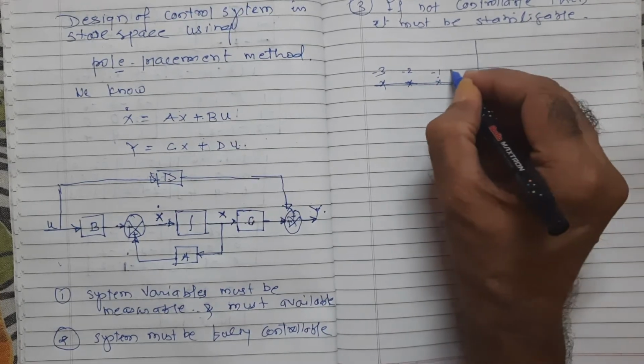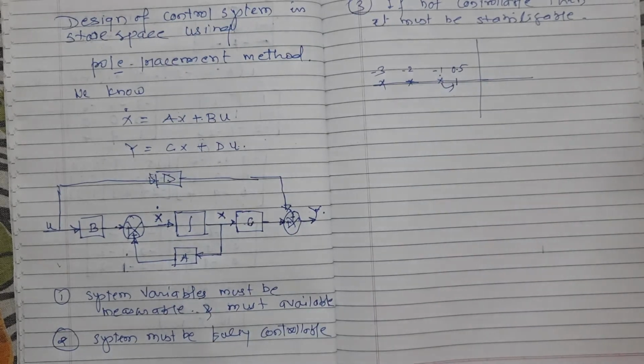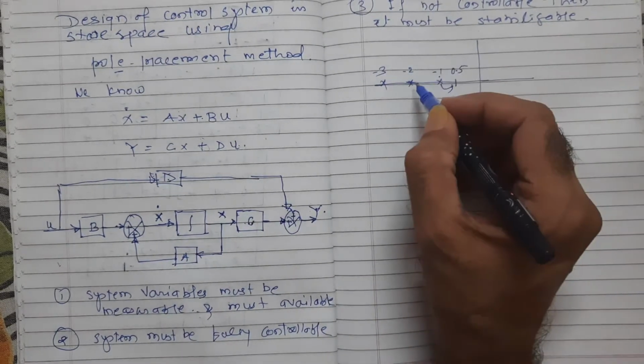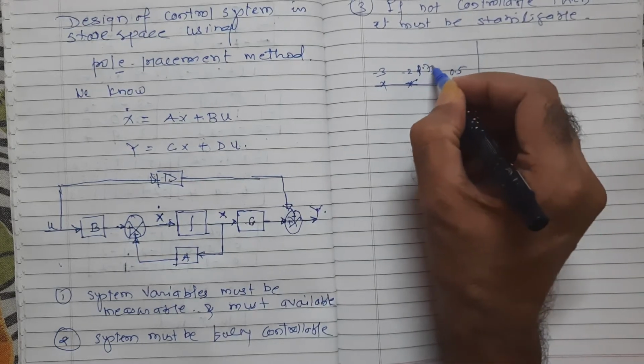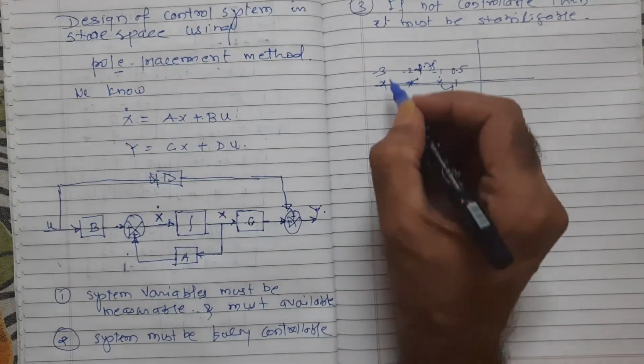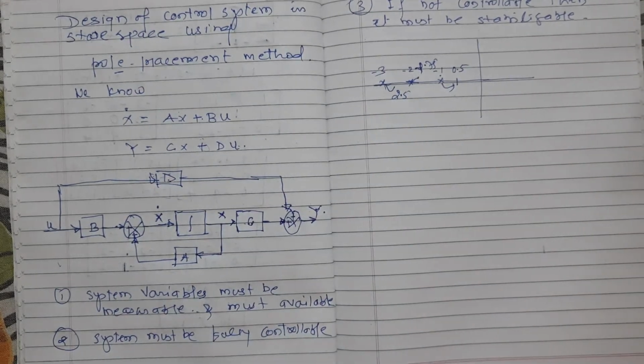Instead of -1, I want -0.5. This I want to move to -1.75, and this to -2.5.